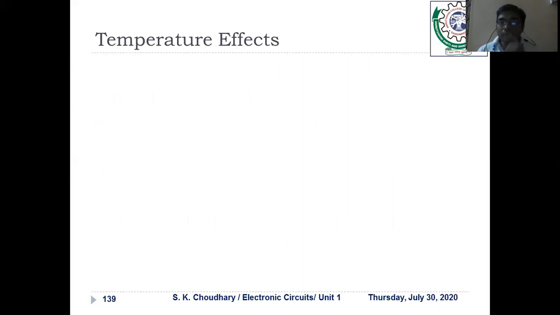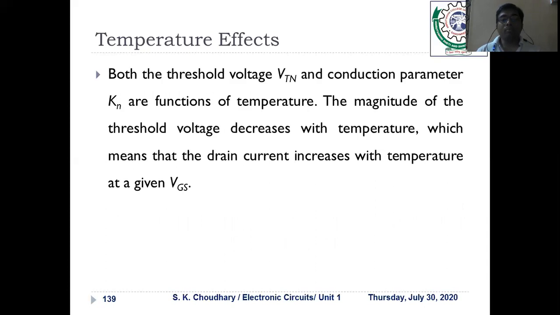The last kind of non-ideal IV characteristic of the MOSFET is the temperature effect. We have to see that the threshold voltage and the conduction parameter Kn are both functions of temperature, and both are responsible for deciding the drain current. The magnitude of the threshold voltage decreases with temperature.